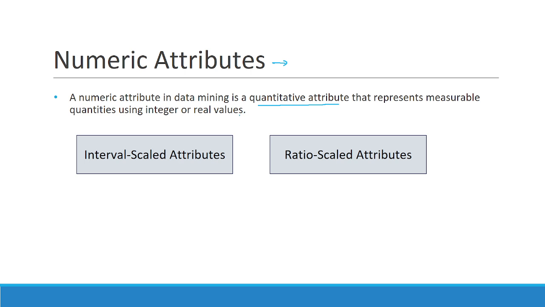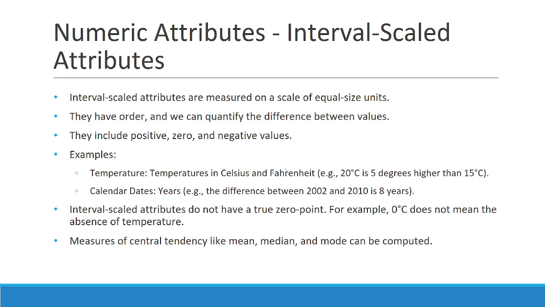Okay, so these numeric attributes are subdivided into two attributes. First is interval scaled attribute, another is ratio scaled attribute. Okay, now we'll see first interval scale attribute. This is a type of numeric attribute.